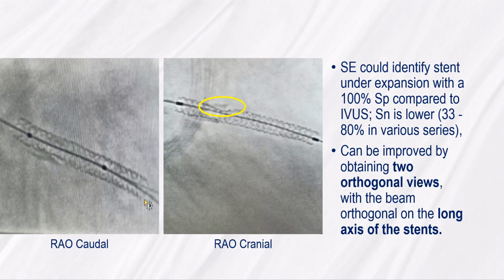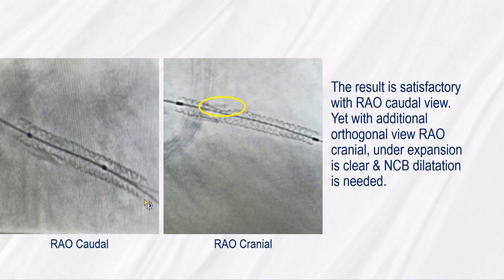It can be improved by obtaining two orthogonal views with the beam orthogonal on the long axis of the stent. In this case, the result is satisfactory with RAO caudal view, yet with additional orthogonal view RAO cranial, under expansion is clear and non-compliant balloon dilatation is needed.